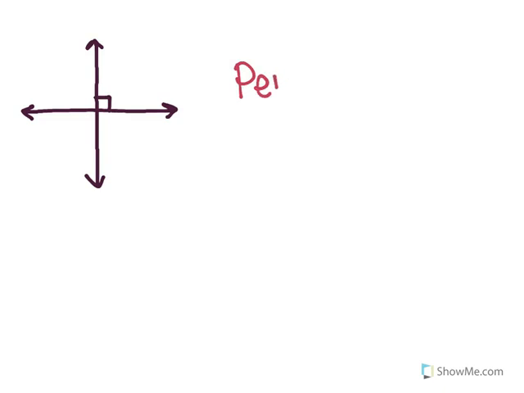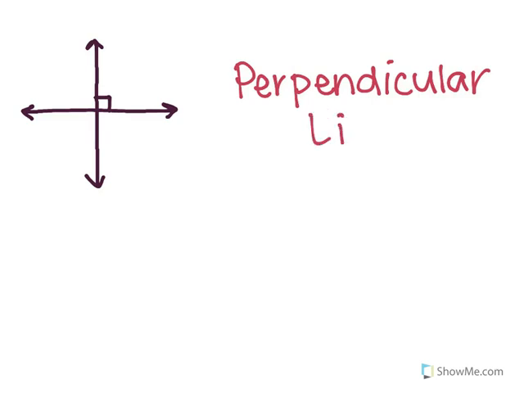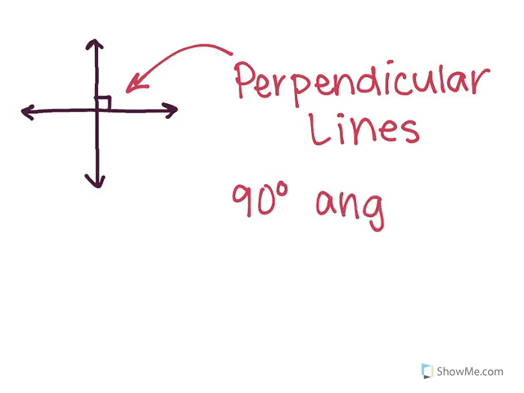You're right, it's perpendicular lines. We know they're perpendicular lines because of this. That shows us that it created a 90-degree angle. Perpendicular lines will always create these 90-degree angles.